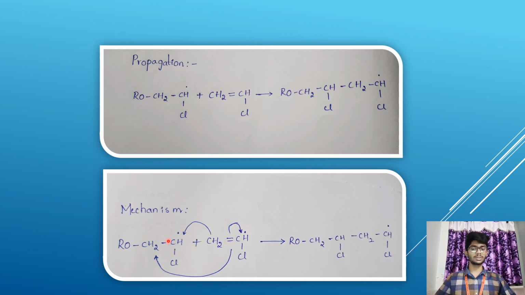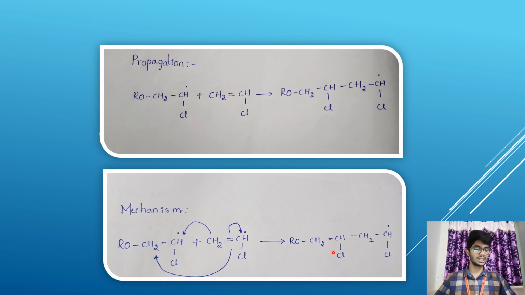Here this is the product of the initiation step, and this is the vinyl chloride. We know that the vinyl chloride consists of a double bond, and this double bond once again breaks into a single bond, forming a radical with the CHCl. This CHCl makes a bond with the ROCH2, and this CH2 makes a bond with this CHCl, and then we get the product ROCH2CHCl.